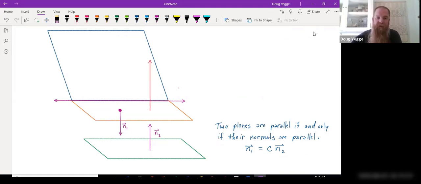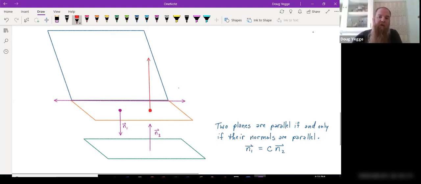Remember, normal vectors could be popping out of anywhere and they could be any length, right? They could be upside down, just like N1, or they could be popping out vertically. There's lots of normal vectors, okay? Let's say that that right there is one of the normal vectors for the orange one, which obviously would be, here's a point in the orange plane, and there's the normal vector.